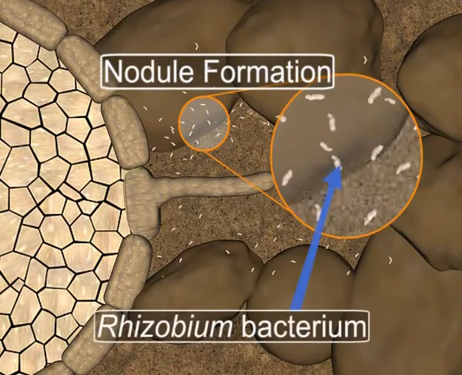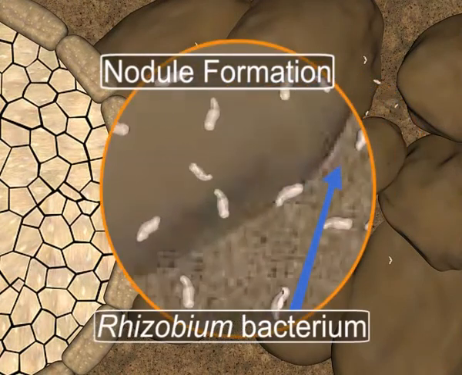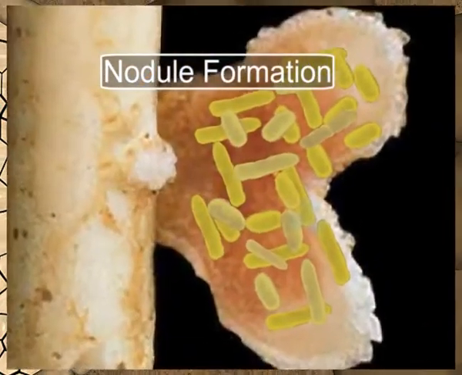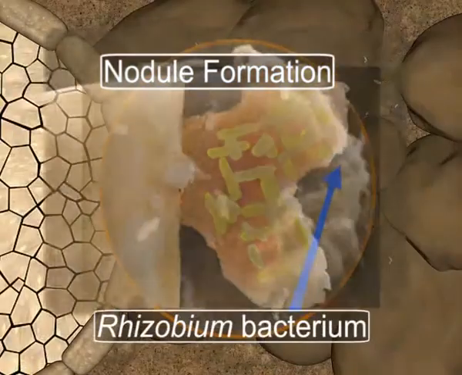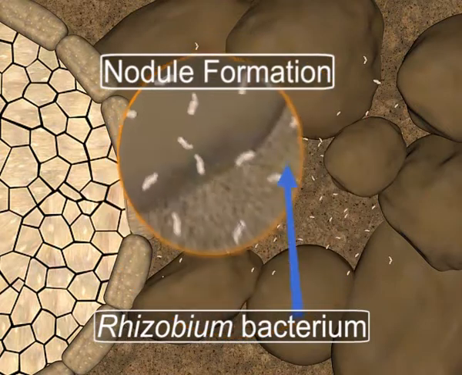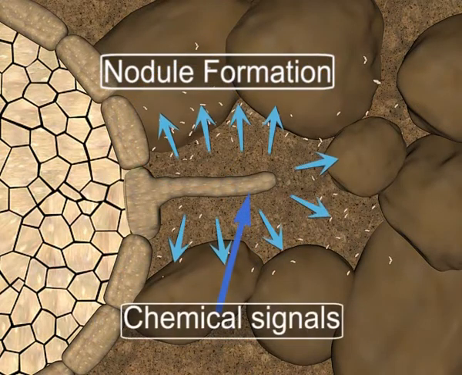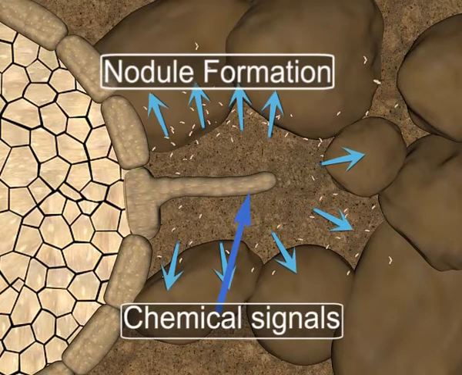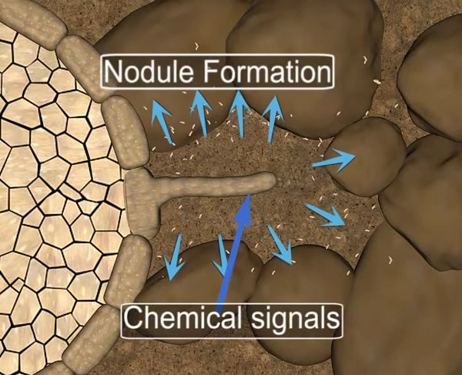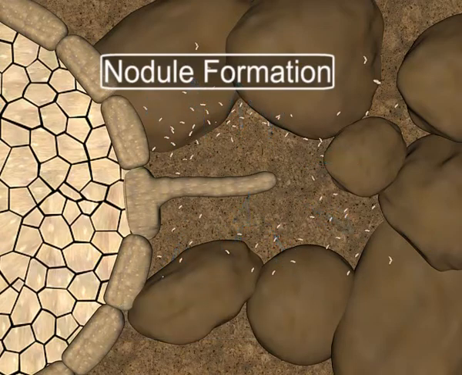The structure of this Rhizobium bacterium has been shown here. Rhizobium live in the soil where they are able to sense chemical signals sent by the root hairs of their host legume plant, as shown here clearly in the visual.